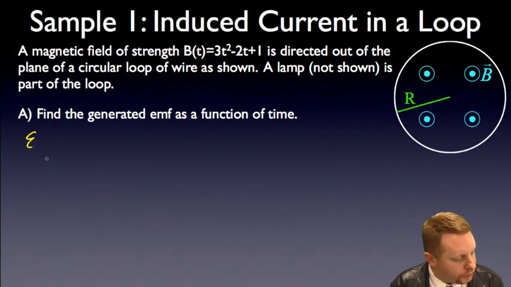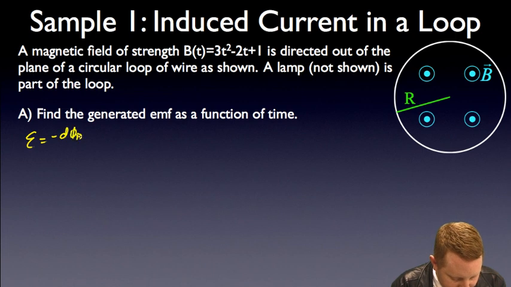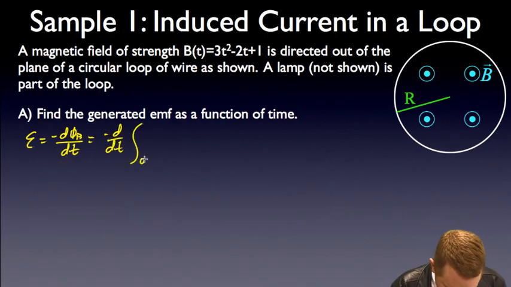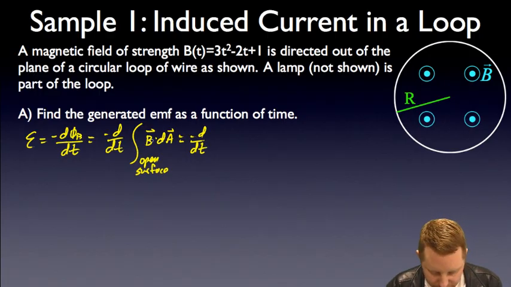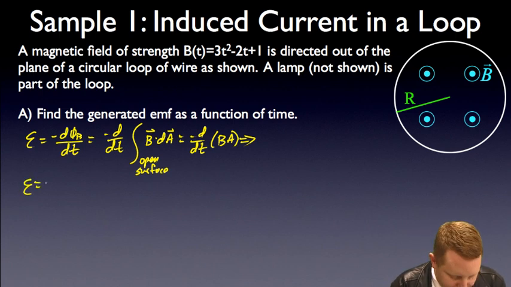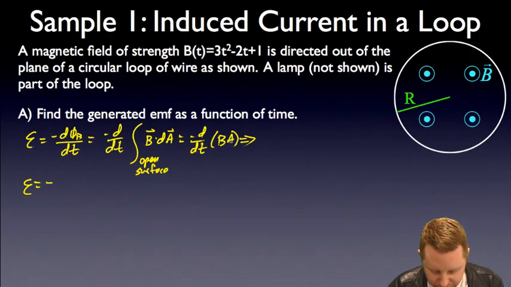Well, to start there, the induced EMF is equal to the opposite of the rate of change of the flux with respect to time, which is the opposite of the derivative of the integral over the open surface of B dot dA, which in this case is just going to be minus d over dt, and B is constant over the surface, and the integral over the open surface of dA is just going to be that area, so BA, which implies then that the induced EMF is equal to minus A, the constant, coming out of the derivative, times the derivative of the magnetic field with respect to time.